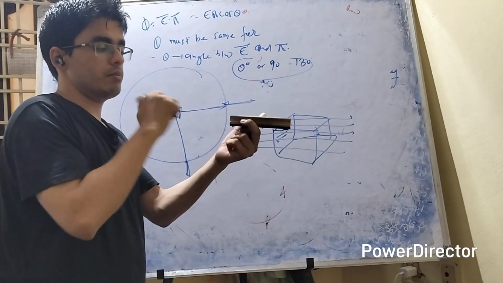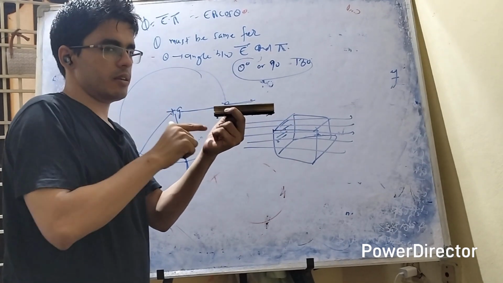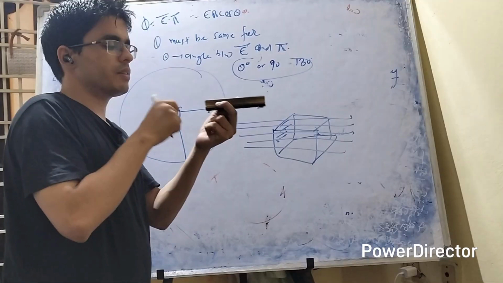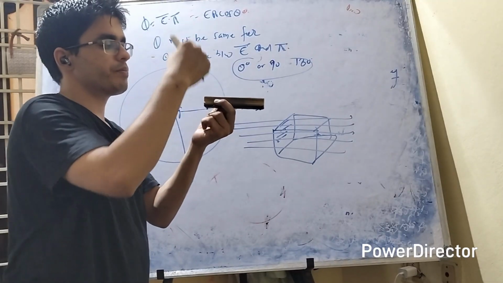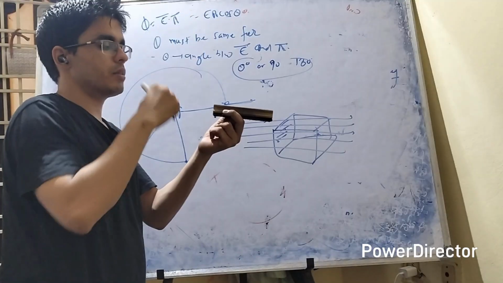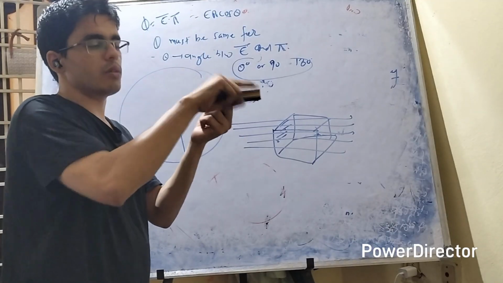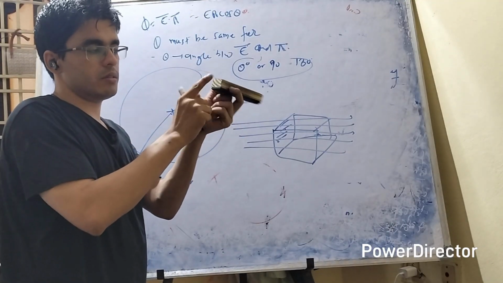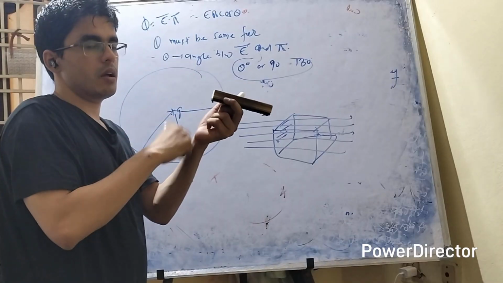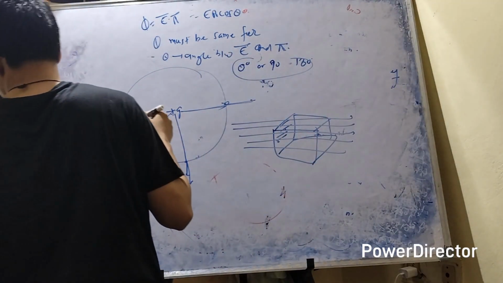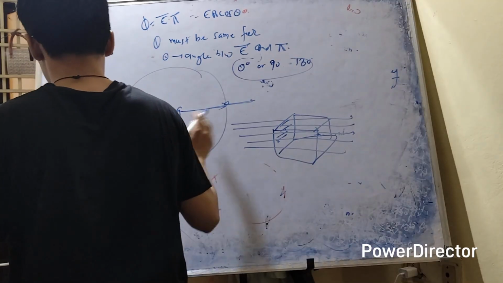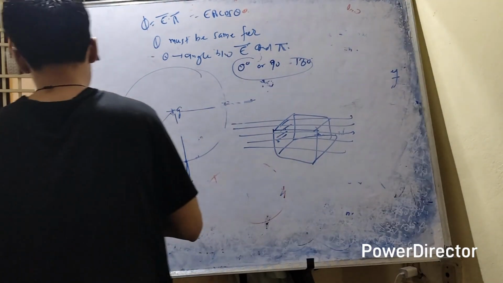The area vector is on one side, but the electric field is on the opposite side. Assume this is the x-axis, with x, y and z. So this is the electric field along plus x. The area vector of this surface is on the opposite side. What is the angle? 180. So in this case, this 180 angle also exists.